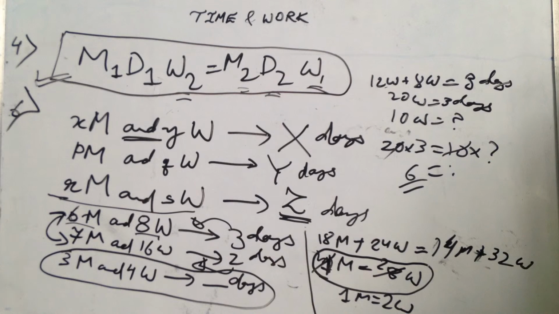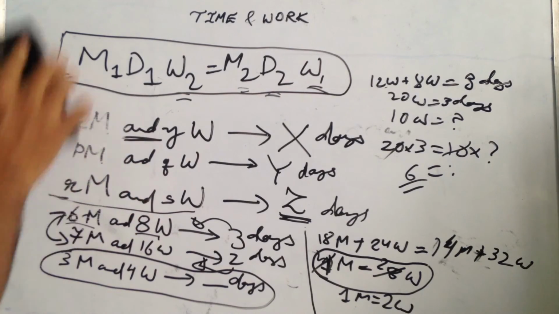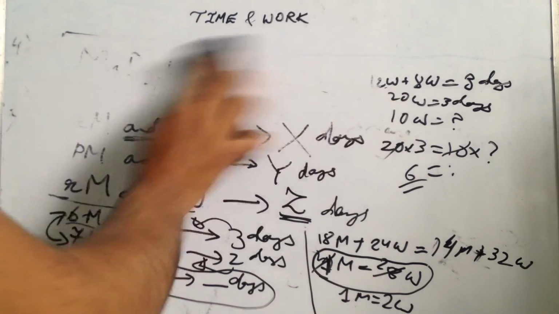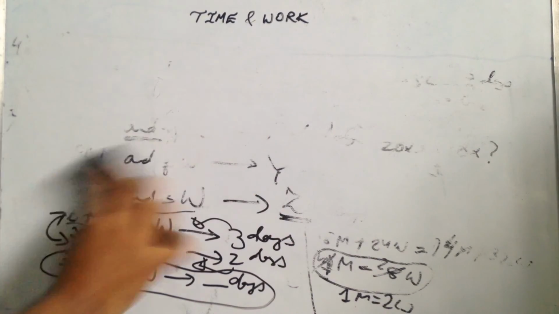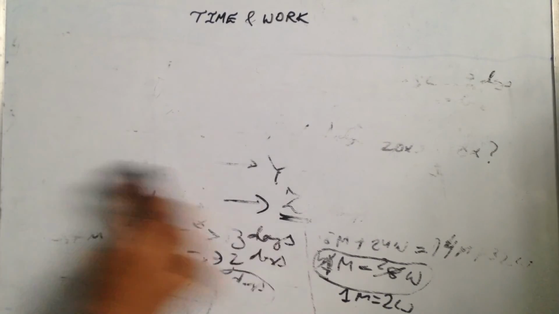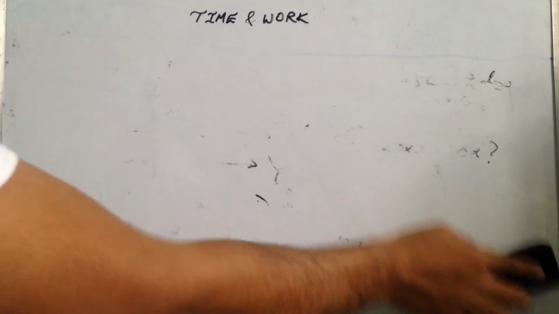So now let's go to the next problem, and that is the seventh type. I think this is clear to everyone. Now let's look at the seventh part.